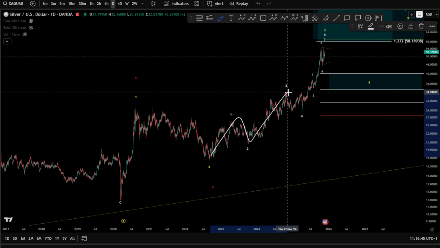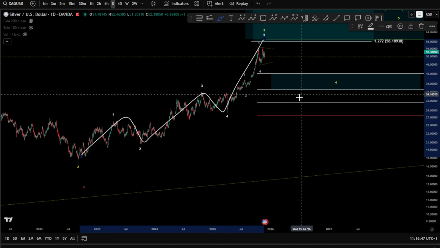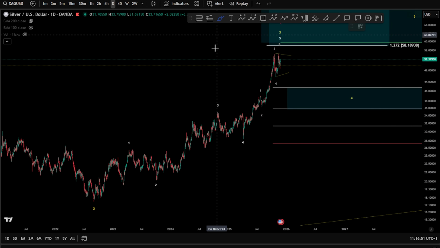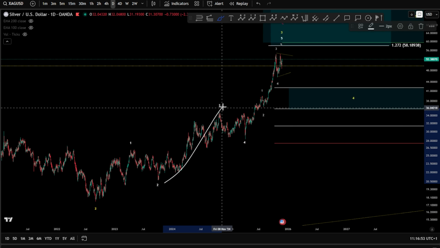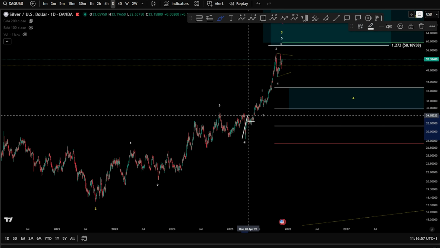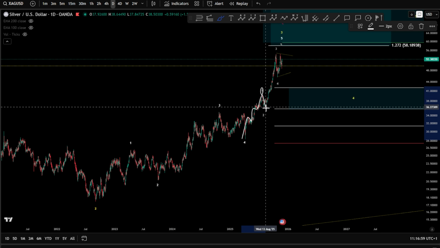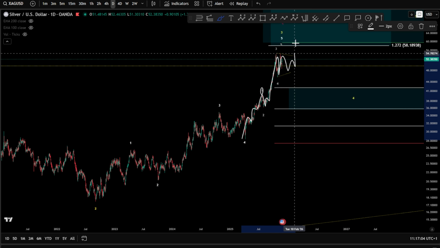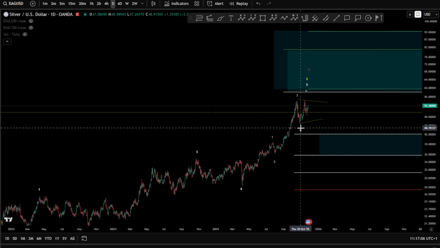Currently, this impulse is still unfolding as 1 2 3 4 and a 5. Now, this wave 5, obviously, is very extended because it looks like already longer than wave 3 and still unfinished. Because you have 1 2 3 4 5 for wave 1, wave 2 given 1 2 3, and then you're still looking for a wave 4 and a 5 to be finished, of course, in the top.